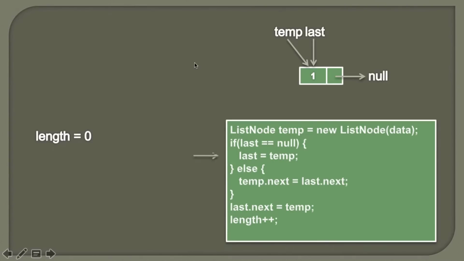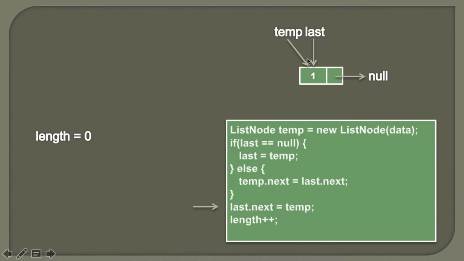Moving ahead. Now after the if else block, what we do is we simply assign the value of temp to last.next. Now why we are doing this step is because we know that we are basically inserting a node at the beginning of a circular singly linked list. And we also know that a circular singly linked list has the property that the last node usually refers to the first node.